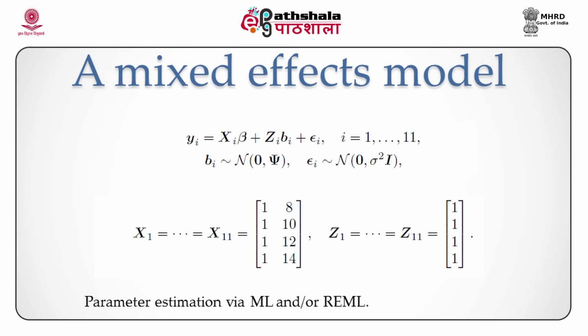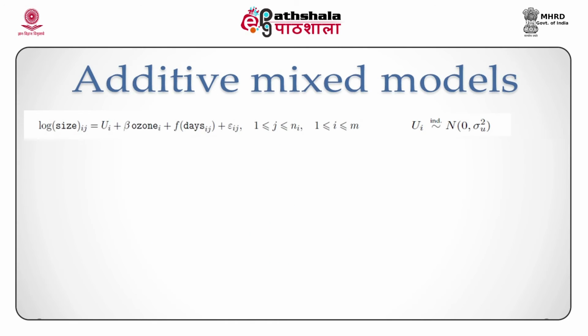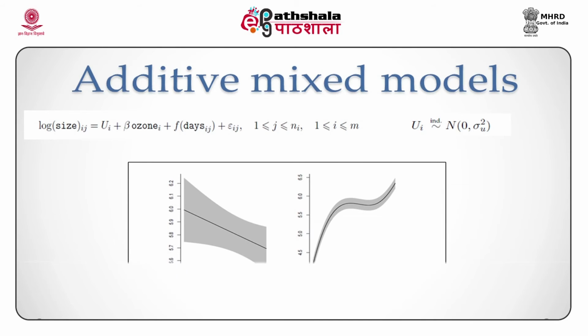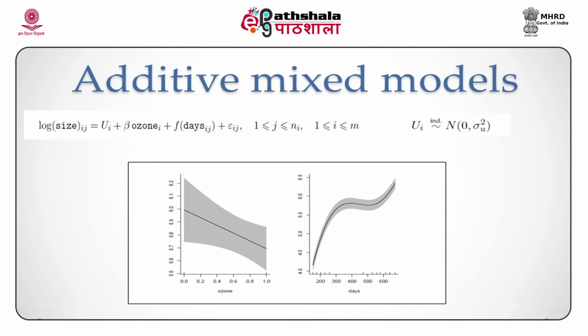This is a quick glimpse into the fact that the mixed effects model can quickly be scaled up to handle a number of complications. So the data given on this slide refers to another very popular public domain longitudinal data set available from R, which relates to the size of trees. So we have some trees which were exposed to ozone and some trees which were not, and we measure the size of the trees.